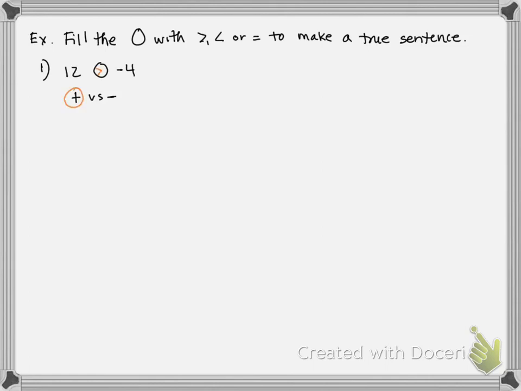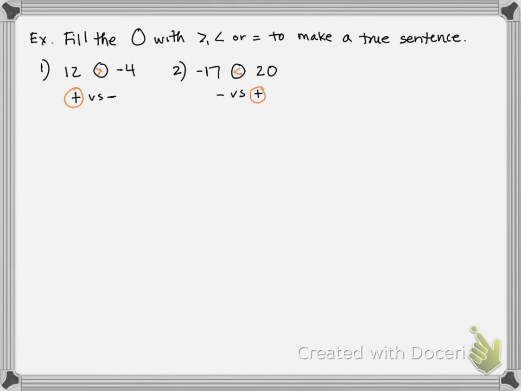Positive. So this is going to be greater than, okay? Super easy when it's a positive and a negative. Okay, doesn't matter what side it shows up on. All right, so we have a negative versus a positive. We still are going to have the positive be the greater one, so open towards the bigger number.